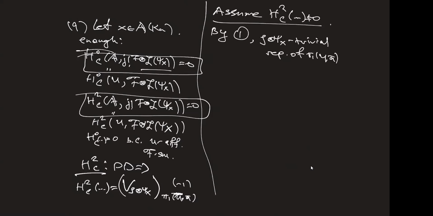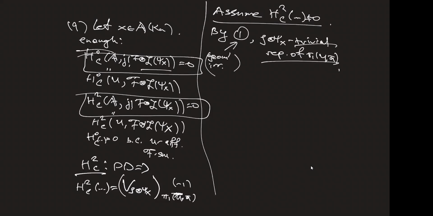Because if it weren't the trivial representation, being an irreducible thing, the largest quotient on which it acts trivially would just have to be 0, because it can't be the whole thing. Okay? You guys good with that?